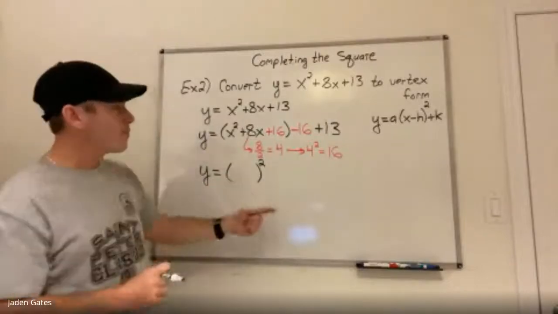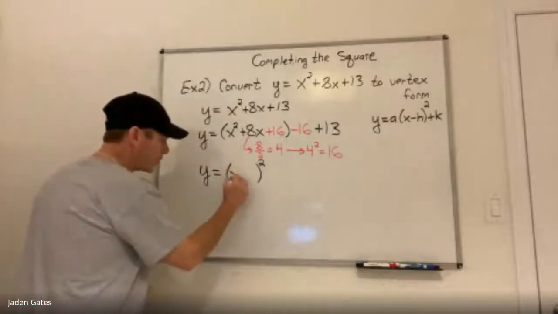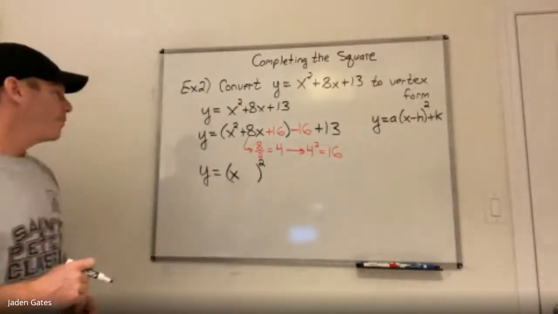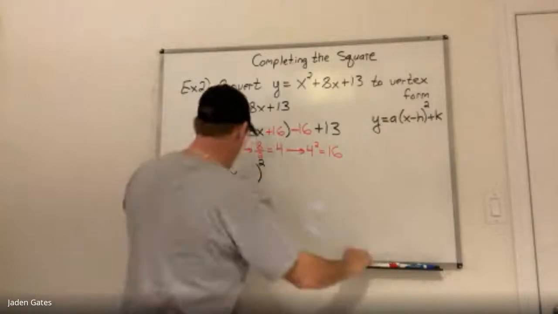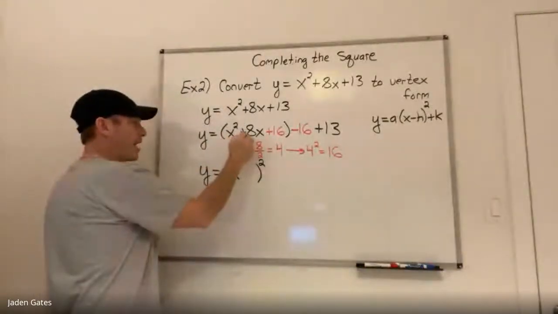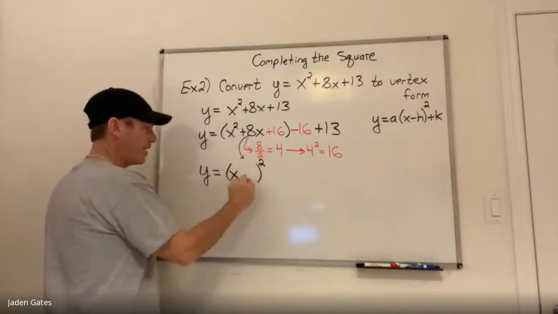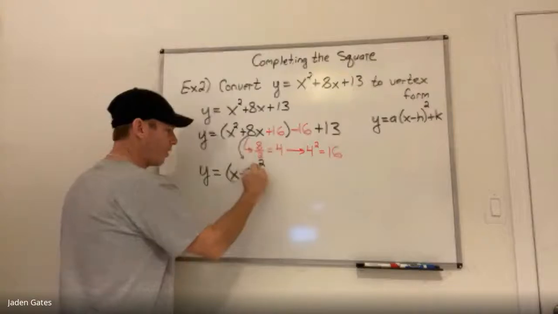I can make it look like the x minus h part. And there is going to be an x here. Then the number inside the brackets, I look at this 8 and just take half of it. So it would be a plus 4.